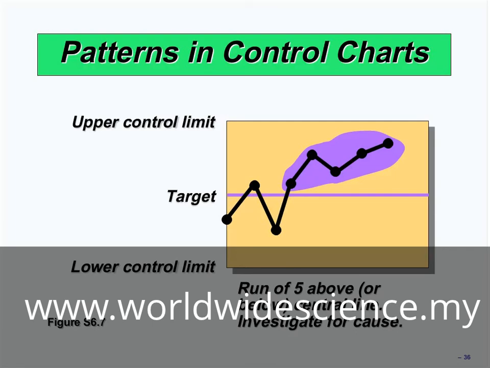When you calculate P bar, C bar, X bar bar, and R bar, you can see that this line is exactly in the middle of the UCL and LCL. It's called the target. When the number of spots above the target is much more than the number of spots under the target, it makes the operation manager worry about the future.